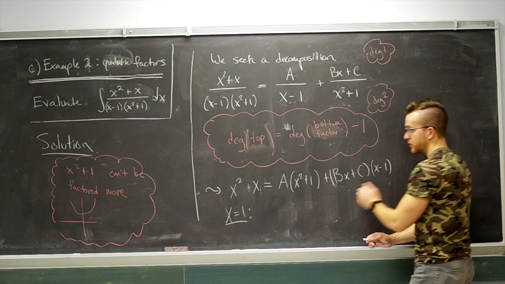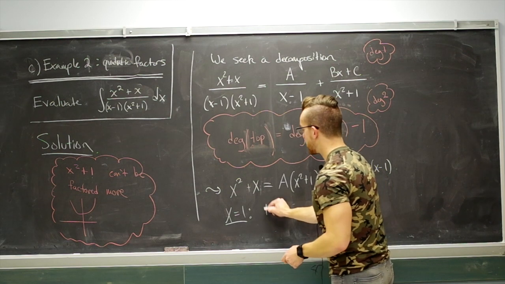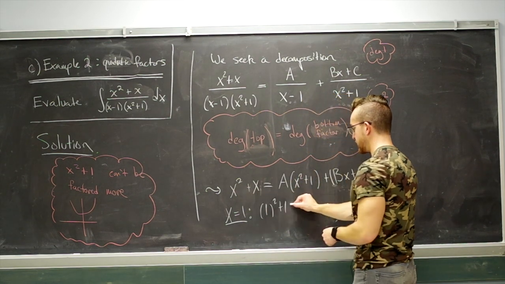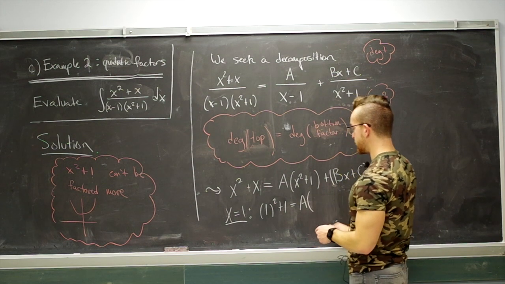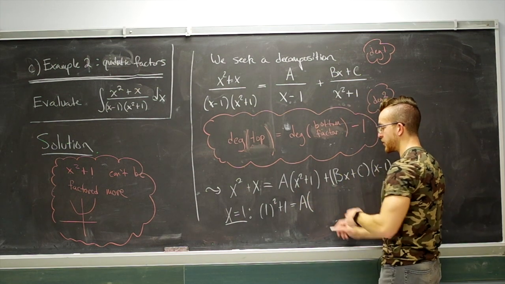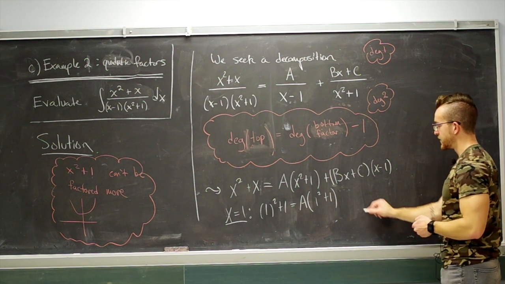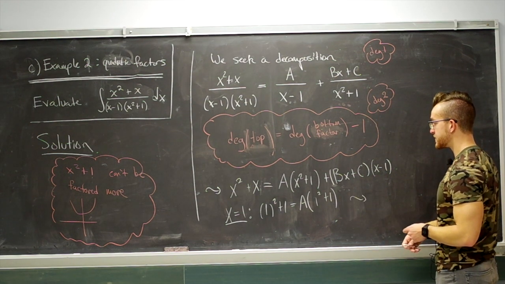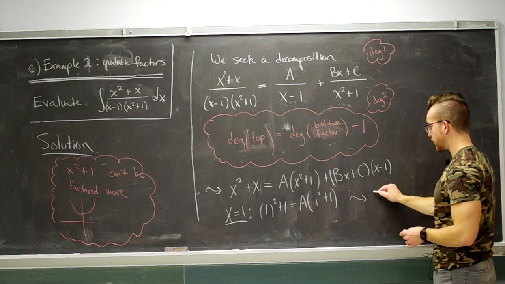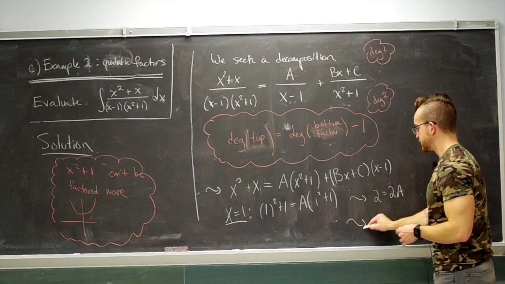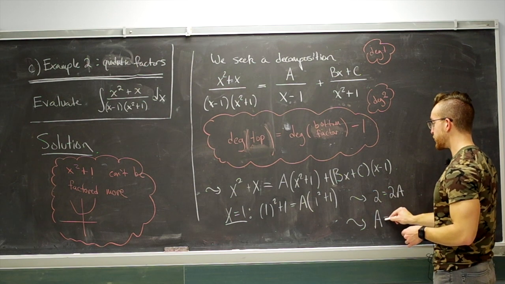And we're left with 1 squared plus 1 equals a times 1 squared plus 1. Simplifying a little bit gives 2 on the left equals 2a. So therefore, it looks like a has to be 1.